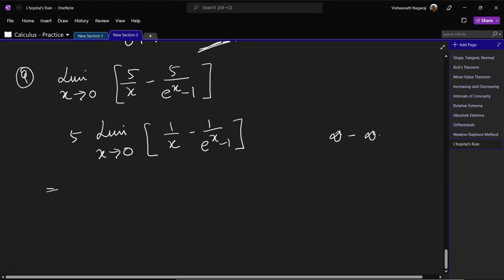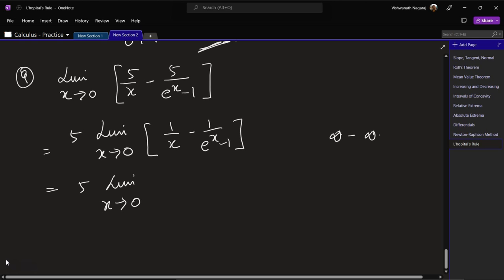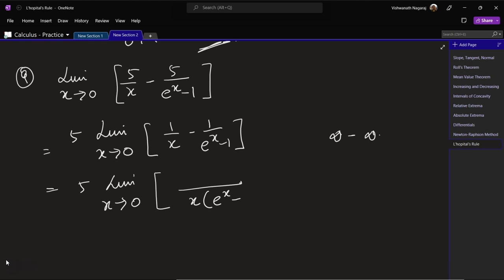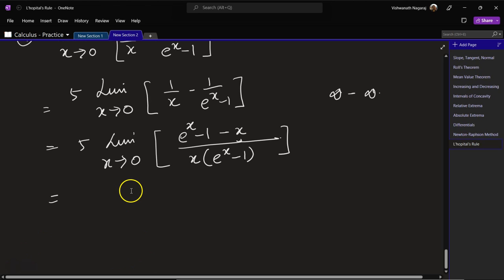Okay, now let's see what can be done. Let's first make sure that we put it in the proper form. Let's combine them. So x times (e to the power of x minus 1), and here we get e to the power of x minus 1 minus x. And now, because of this infinity minus infinity form, let's differentiate.